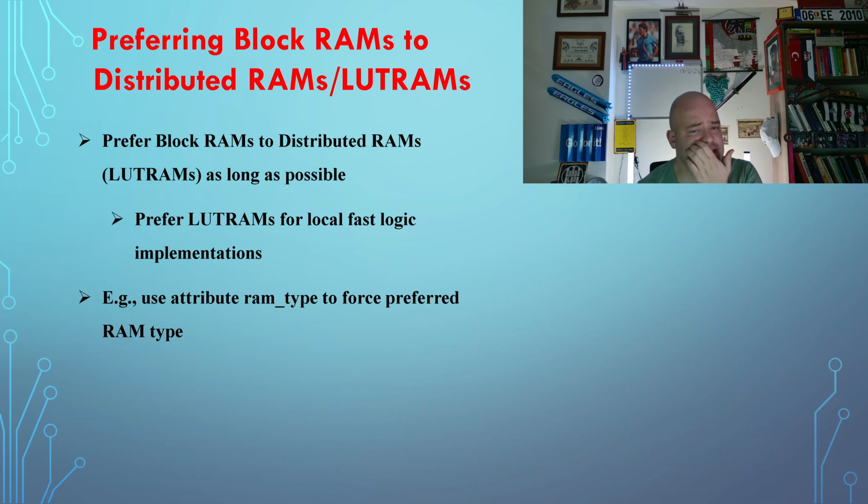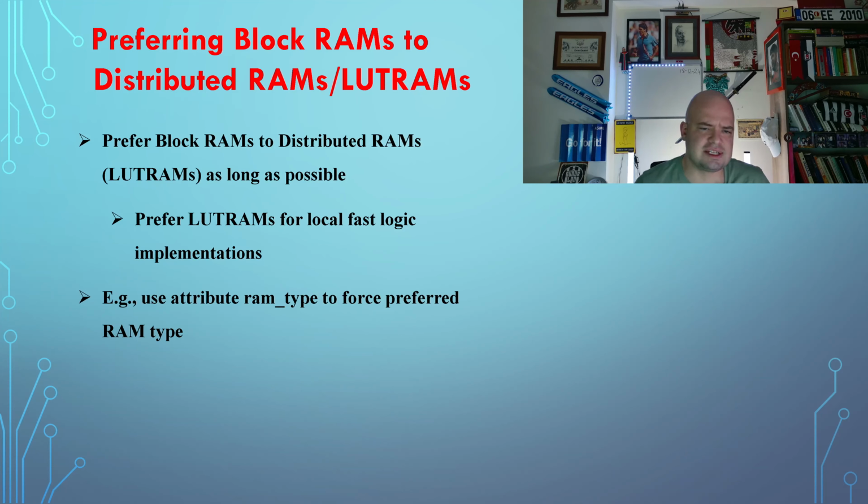And VHDL attributes, Verilog attributes, SystemVerilog attributes, the attributes I am mentioning here are vendor dependent. They are vendor specific attributes, and examples are provided in Vivado, Libero and Quartus documentation.